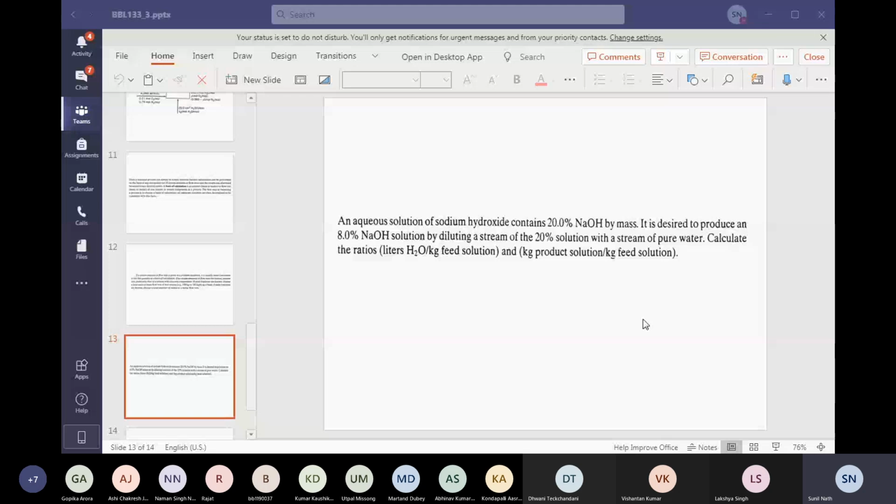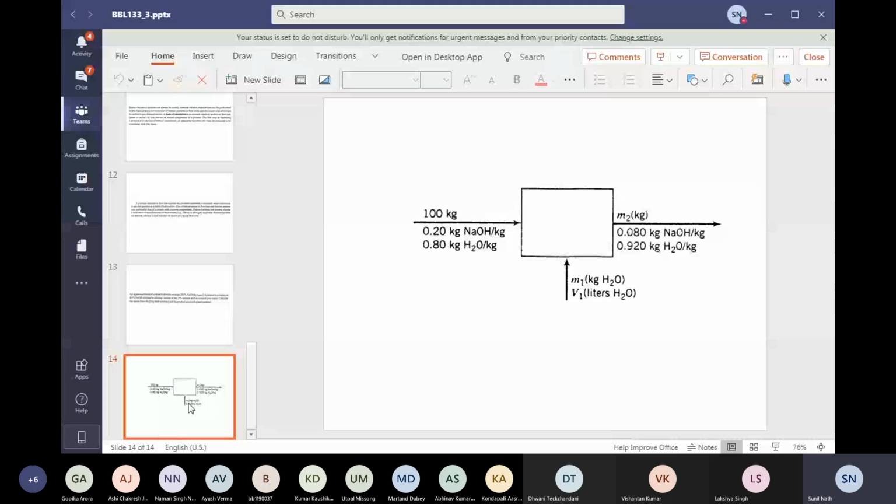Exactly. So he took 100 kg. I was talking grams, doesn't matter. 0.2, yeah. So that was the fraction, because you told me it's 20% by mass. So he has converted that to per kg. That's the input. Then from the bottom you have so many, again he has put in liters. It could be kg, okay, kg H2O.